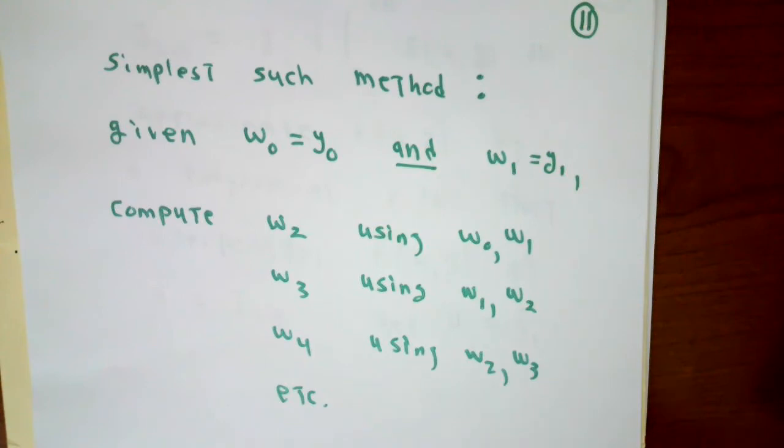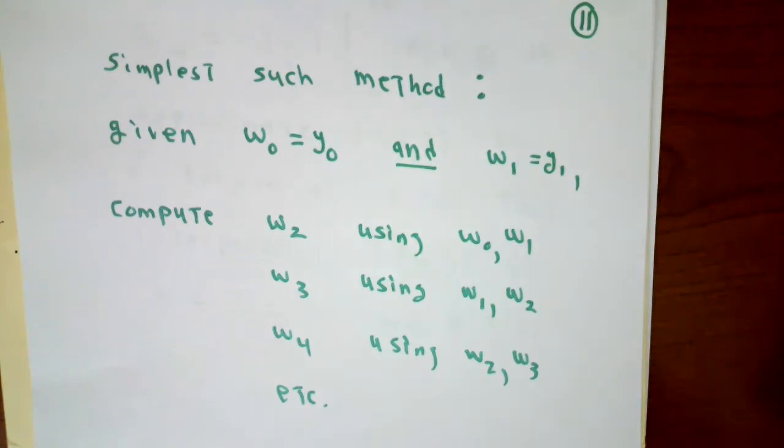So I'm going to imagine that not only do I know the value of the solution at t0, but I also know the value of the solution at t1. This may be given to us in a problem, or we may use some accurate method like Runge-Kutta 4 in order to get a good approximation for y1.